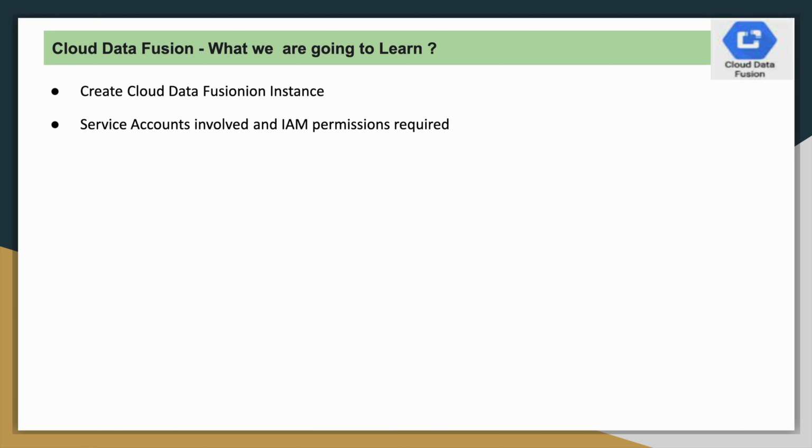Usually, if you don't specify any explicit service account to be used by your Data Fusion environment, it uses the Google Cloud default Compute Engine service account, and we will see what IAM permissions are required by the service account to perform your data processing or data integration activities. Also, Google Cloud by default associates a Google Cloud managed service account with Cloud Data Fusion. So we will see what permissions are required by that particular service account.